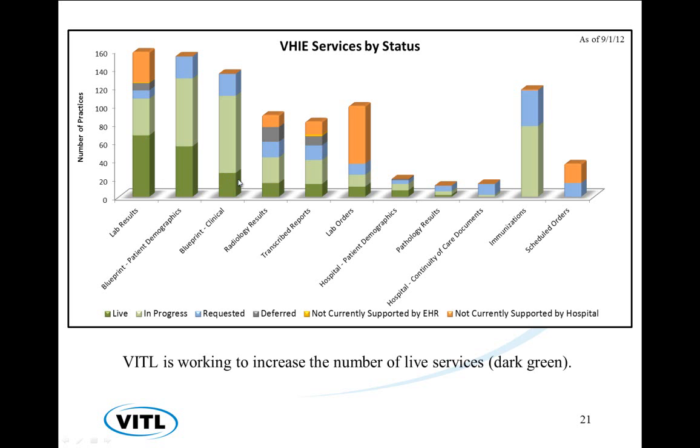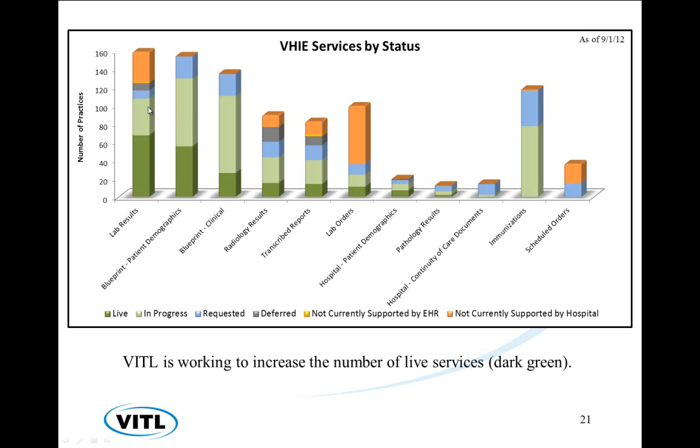So you can see how many services we have live, and that's in terms of practices. What's really interesting is that all of the non-dark green, that's all work that VITL has left to do. At least that's the known work that we have yet to do. I'm sure there are more sites that we have not put on our list yet, but this is the known work that we have yet to do.